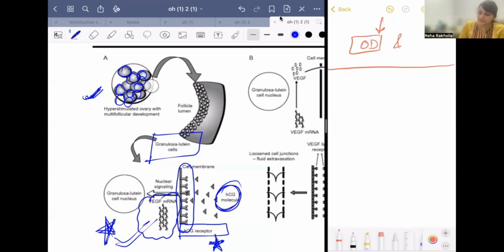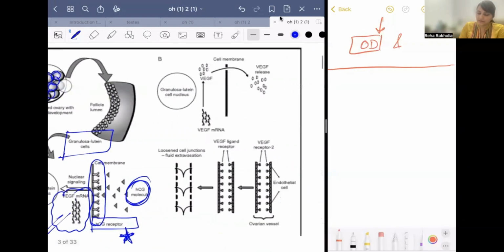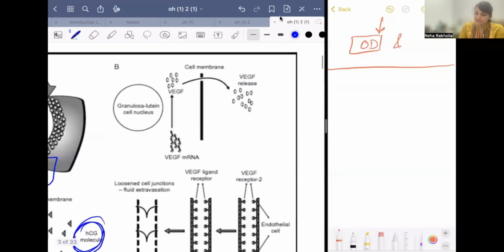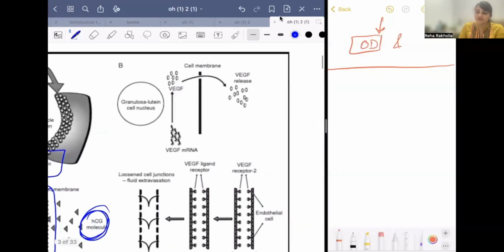Now the second part we are talking about, the B part. When HCG stimulates the ovary, it not only increases VEGF production, but also upregulates VEGF receptor 2 mRNA expression. So this means that the body produces more VEGF receptor 2 on the endothelial cells of the ovarian blood vessel.